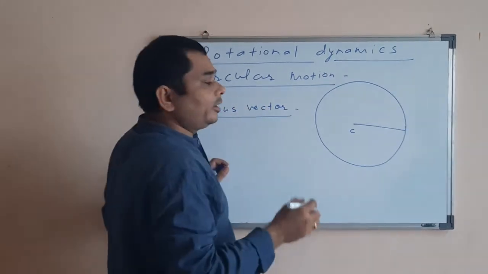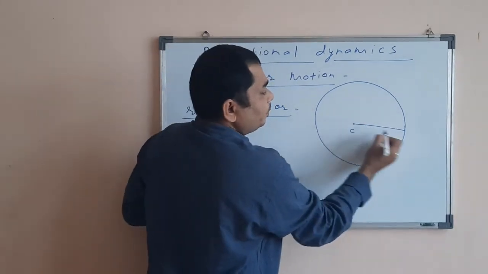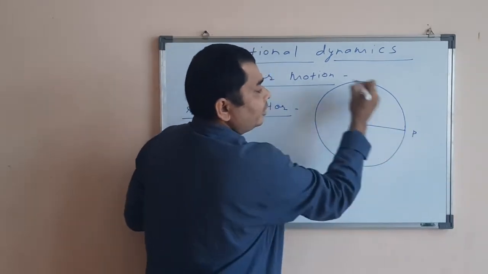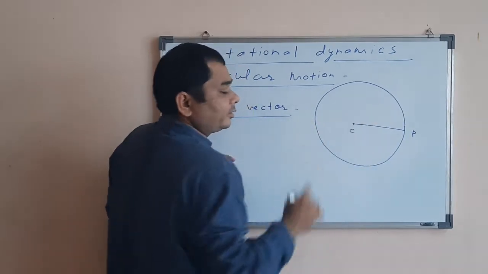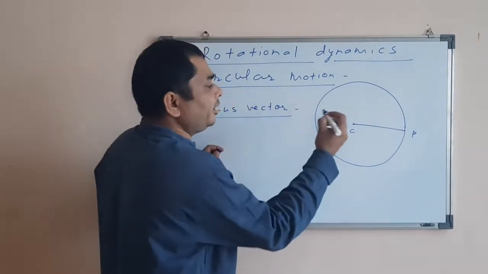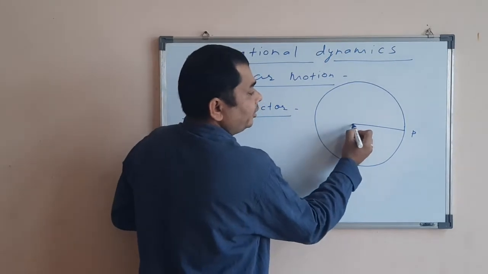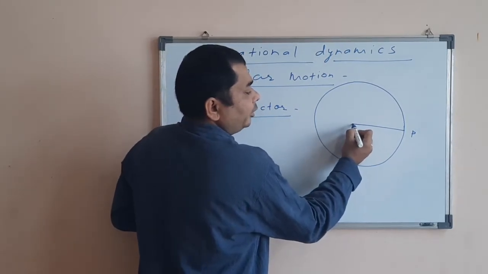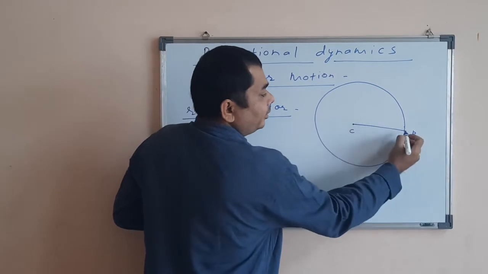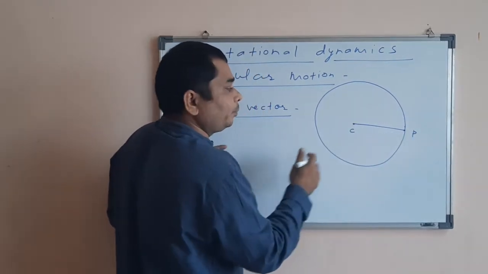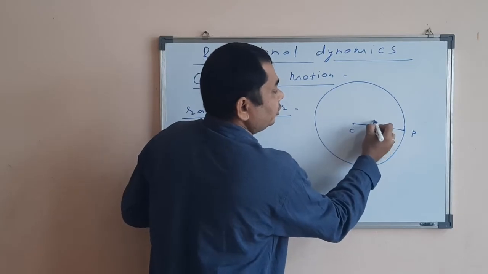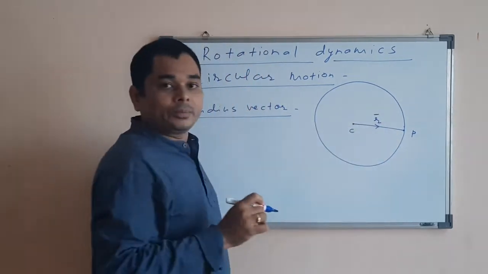This particle P is performing circular motion along the circumference of this circle. C is the center. Then at any point, a vector joining the center of the circle and the particle at that instant of time is called the radius vector. So this is our radius vector, R vector.